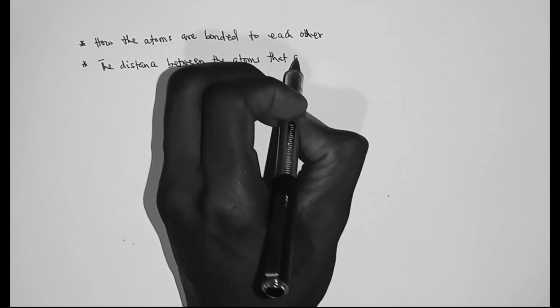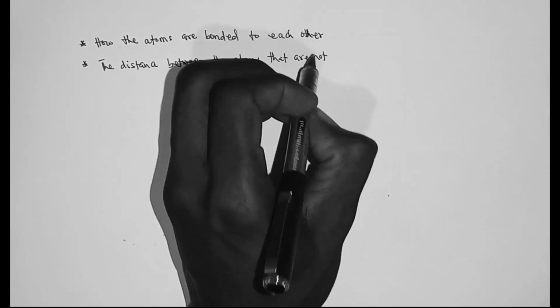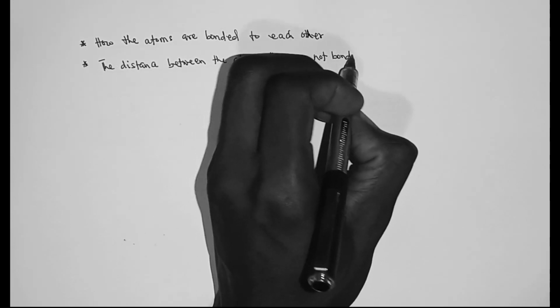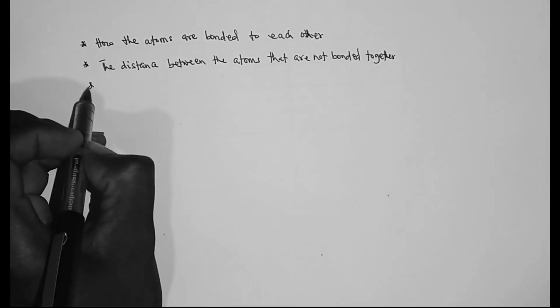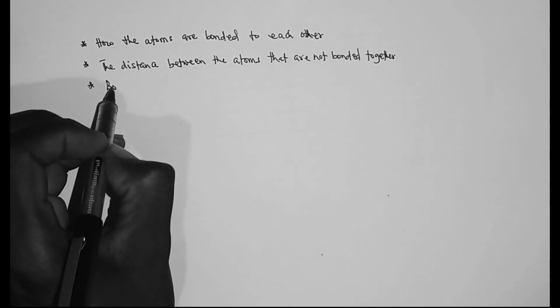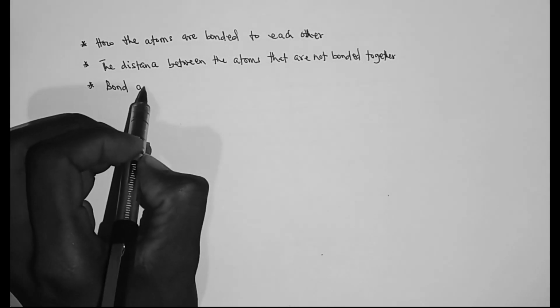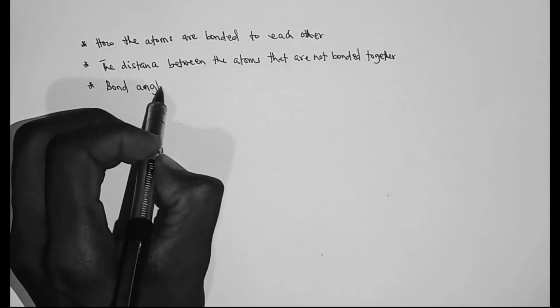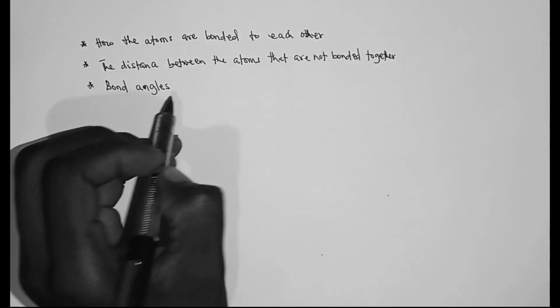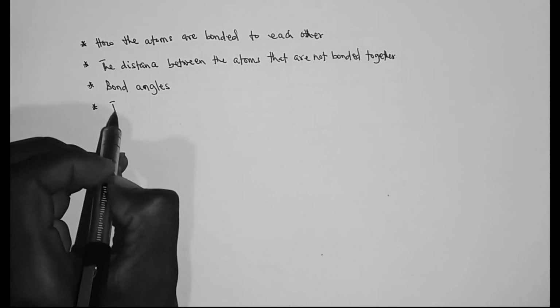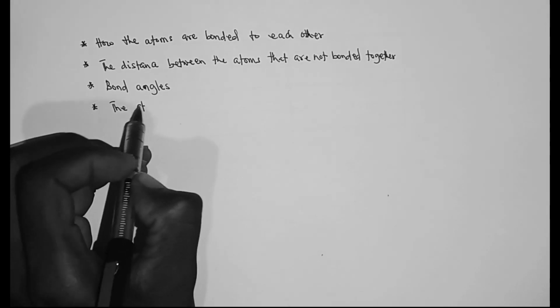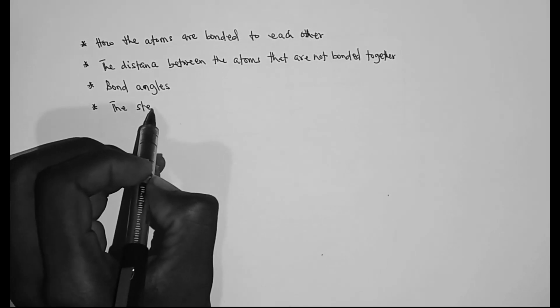And also, the third thing you need to determine is the bond angles of the various atoms. And then the last thing is the stereochemistry of the various atoms.